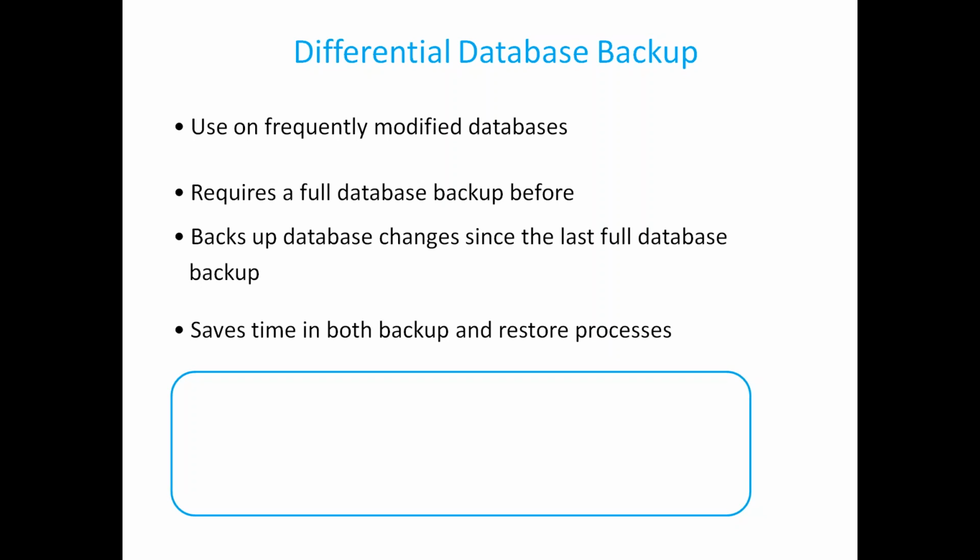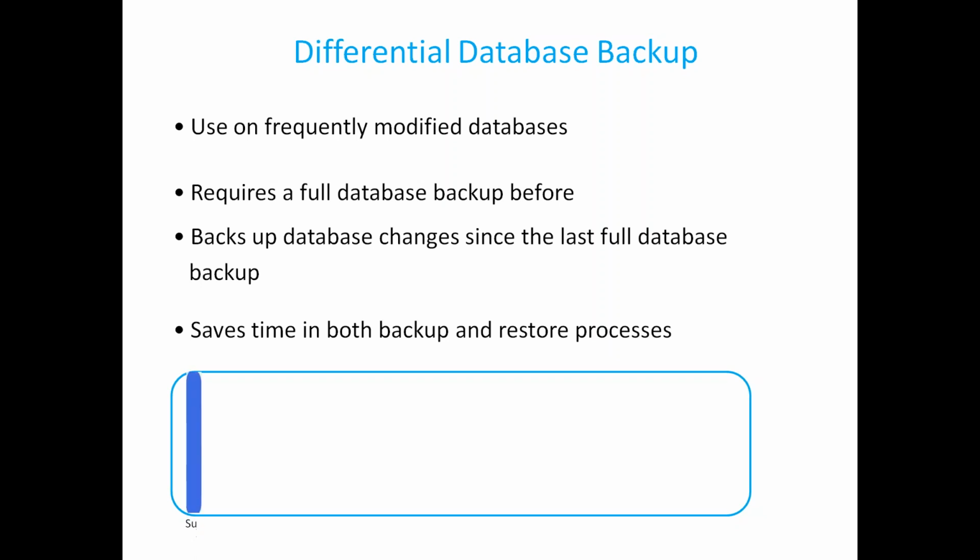So in the same way for Tuesdays, it contains the last 3 days changes. So if you notice that way, the differential 1, 2, 3, 4, these will be in increasing order, the size. So by using the differential backup, you can save time and you can also save the space.